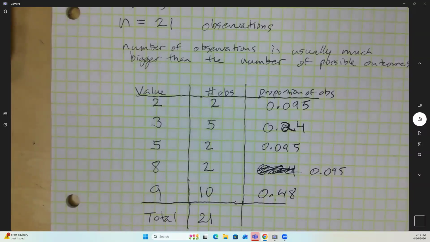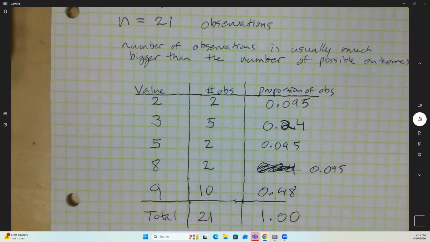What should it add up to? 1, which is the same as 100%. We're going to be close, but since I did some rounding, we probably won't be exact, but that's okay.